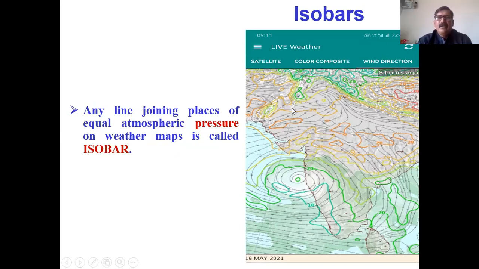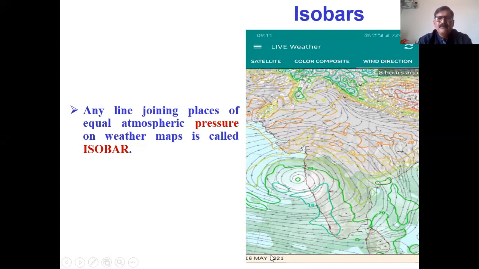There are some green lines, then some pale green, then orange, red, and then black lines. These black lines show a low pressure created in the Arabian Sea near Mumbai, and a cyclonic condition is there.